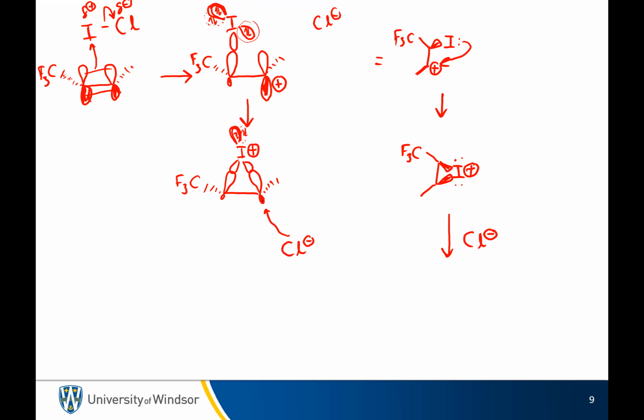Of course, I'd have to draw a new one. I'm not going to right now, but it's going to be directly in line with this little nub here. So chlorine needs to come in from the back side, behind the carbon atom. And it displaces the iodine.